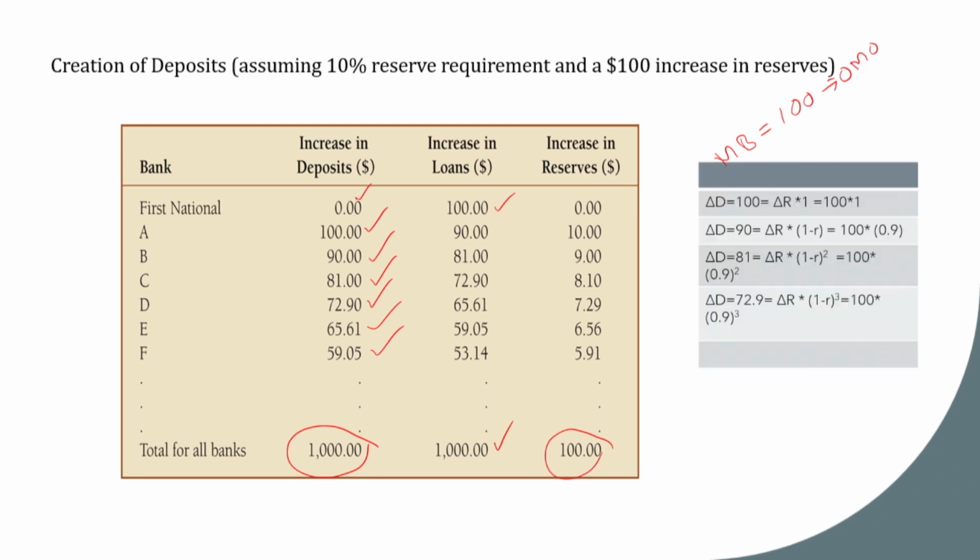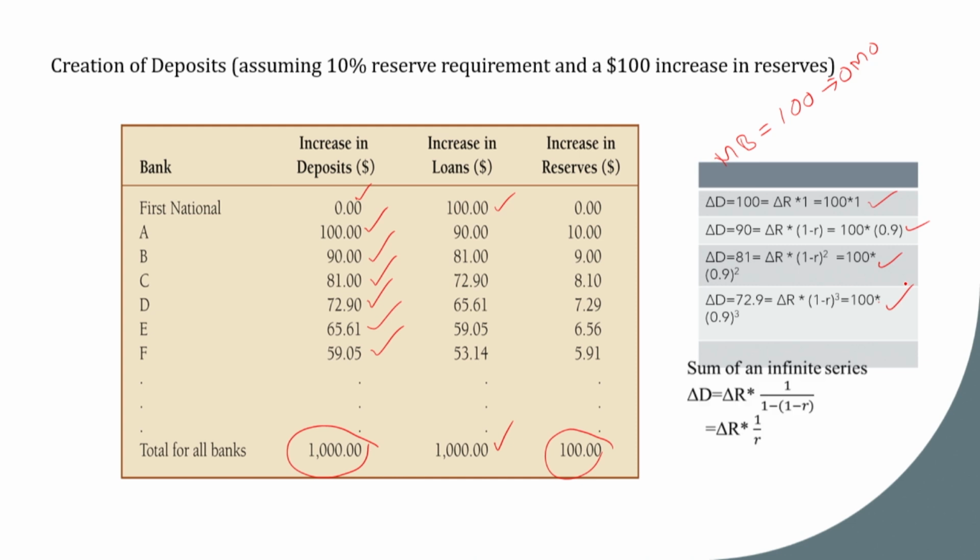If you present the process, the increase in money with Bank A, Bank B, you can read it in this way. It increased by the reserve times 1, reserve times this, reserve times this.